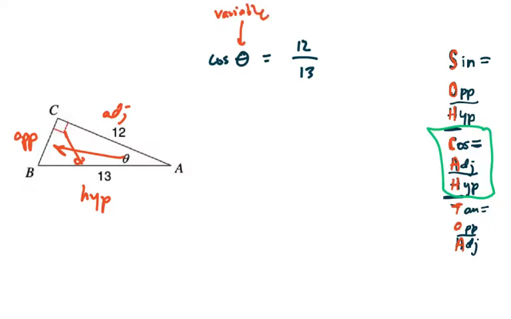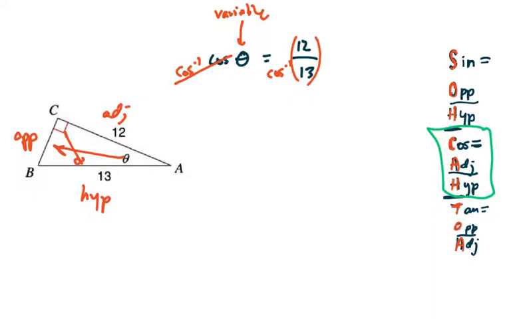We have to undo cosine. So in order to undo cosine, I have to bring in a cos negative 1, an inverse cosine. That's going to cancel with cosine, but I can't just do that to one side. I have to do it to both.